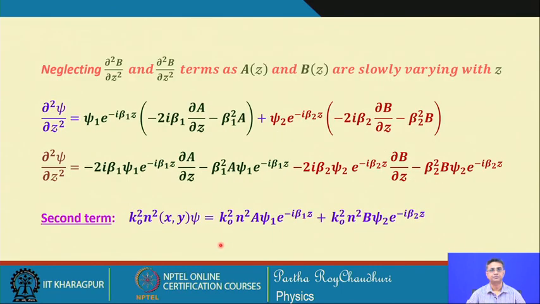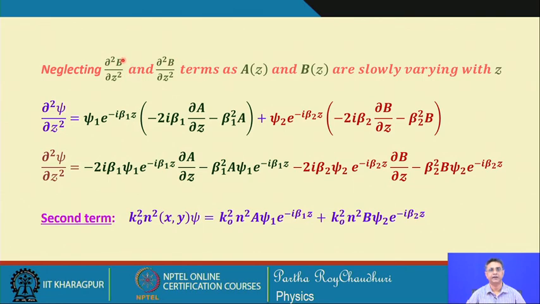But this del square b del z square, that is the change in the change of amplitude of the b and a, are very small as long as the waveguides are slowly interacting. So, this will be a, and this is b.